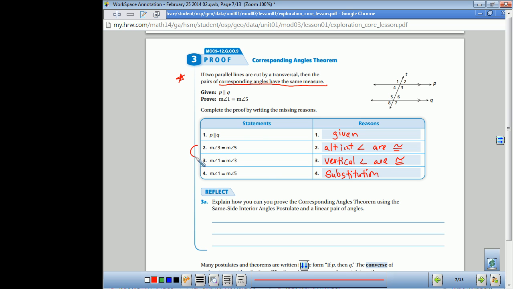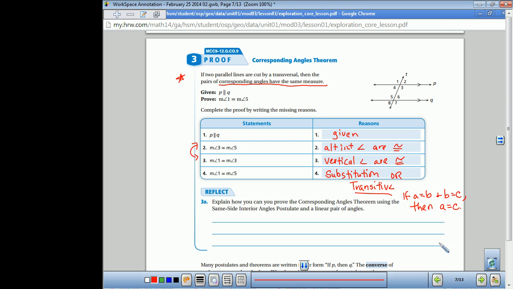If you switched 2 and 3, so if I gave you this proof and didn't give you any steps, and you wrote 3 before 2, then what I would say right here is transitive. Because the transitive property says if A equals B and B equals C, then A equals C.